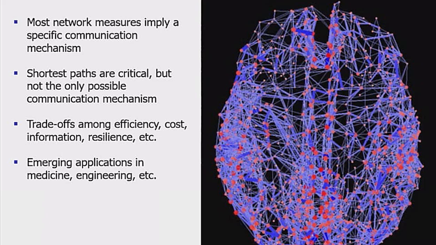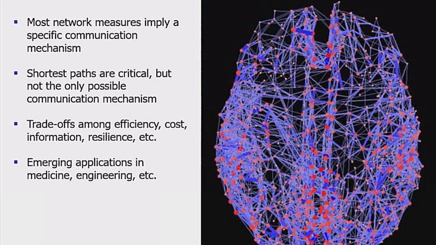And I'll just skip this last part. What I hope I've convinced you is that most network measures imply a very specific communication mechanism. You might be agnostic about how communication takes place in the brain, but your choice of whether you use path length-based measures or mean first passage times is critical, and it entails very, very different assumptions about how the brain works.